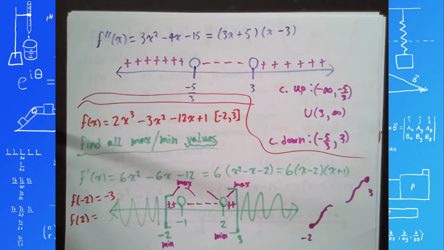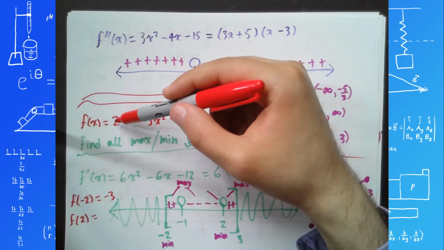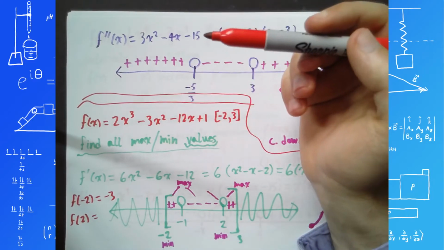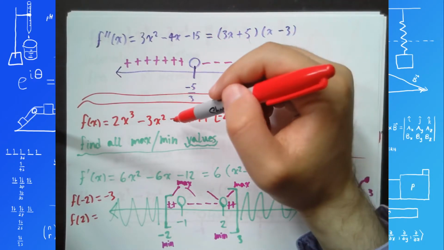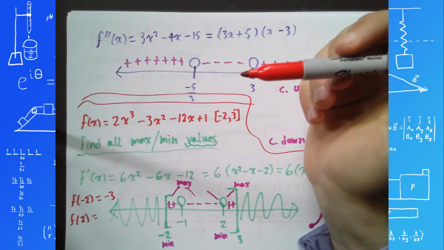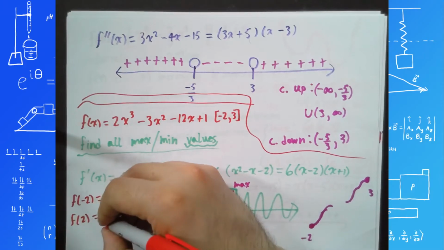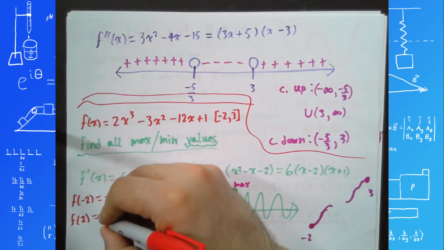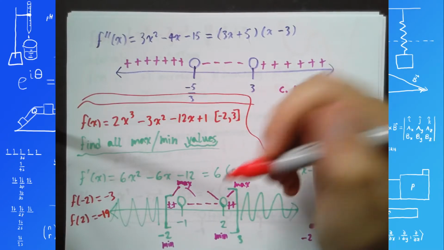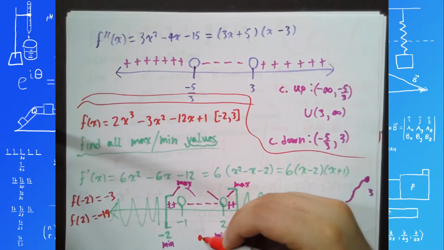And then f of 2 would be, let's see, that's going to be 16 minus 12 is 4, minus 24 is negative 20, plus 1 is negative 19. If I did my math right, then it looks like f of 2 is going to give us our absolute minimum.